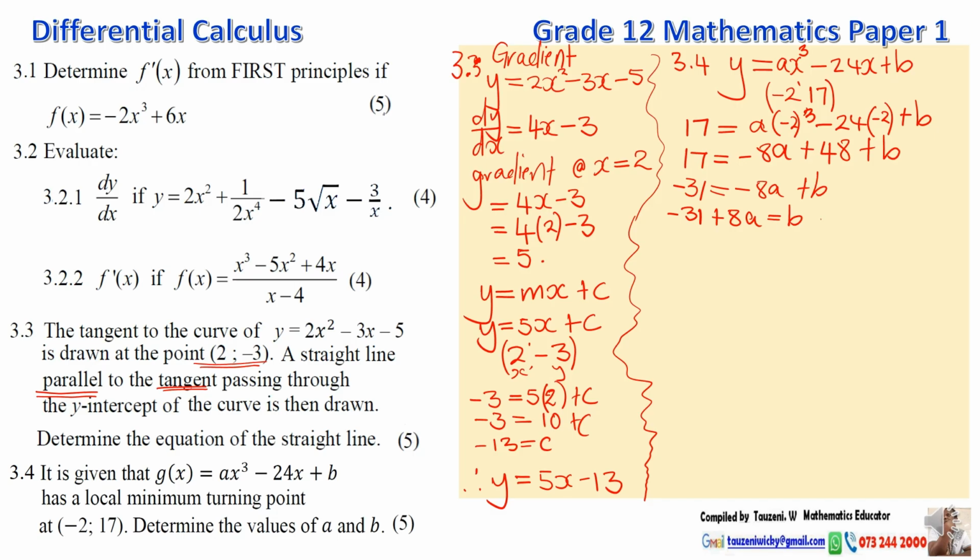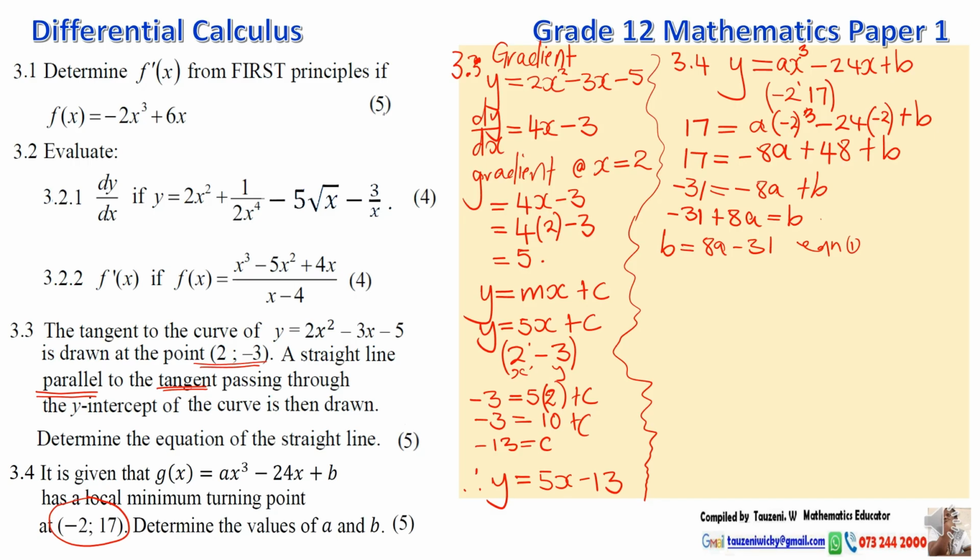Or you may want to say b is equal to 8a minus 31. It means the same thing. This is our equation 1. Where did we get this equation? We said if you are given coordinates where the graph is passing, we substitute those coordinates into the equation given and simplify.